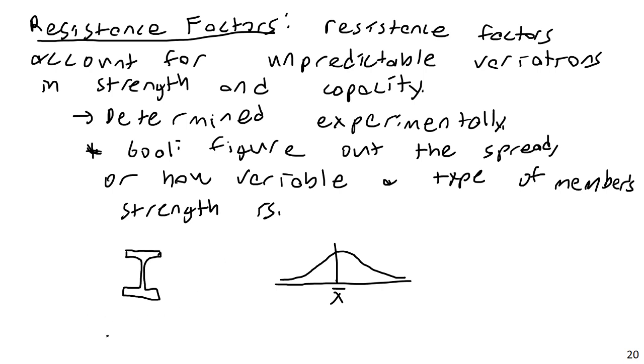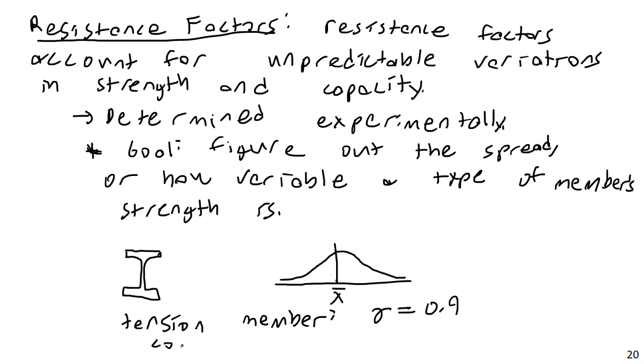So for example, for a beam, or a steel tension member, where there's less intrinsic variability, you might use a resistance factor. I've been using gamma previously. I might say gamma is equal to 0.9, less variable.